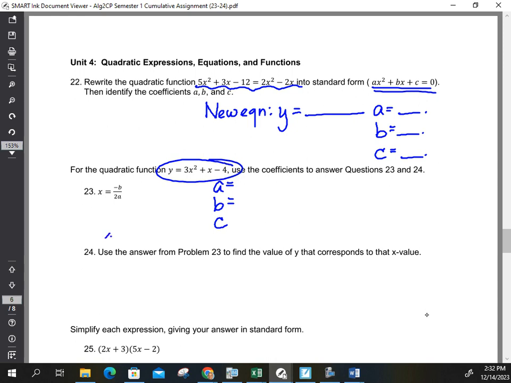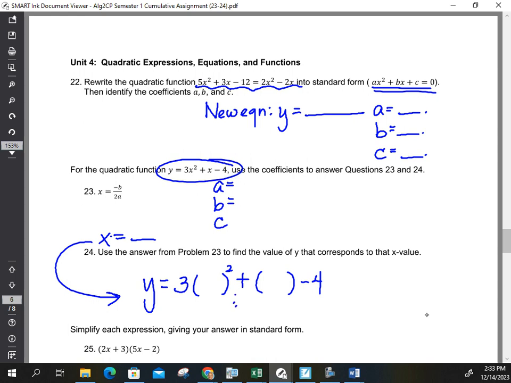So 23, you're going to get x equals something. You're going to plug it in. So y equals 3 times whatever answer you got plus whatever answer you got minus 4. And then you solve it out.